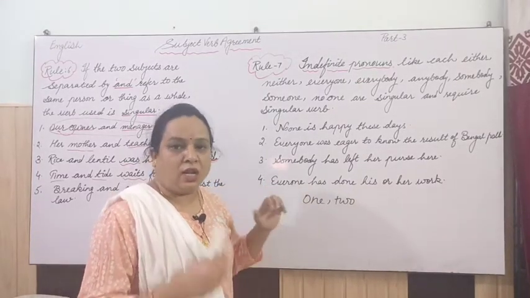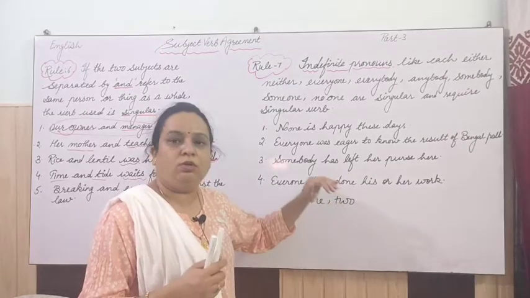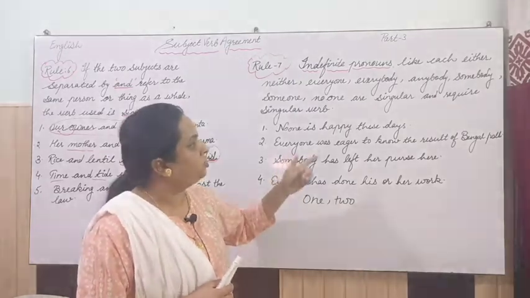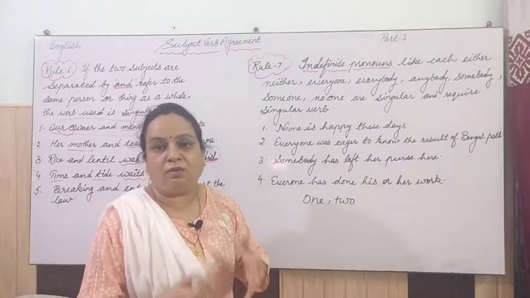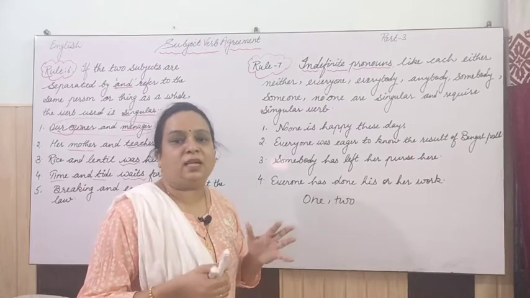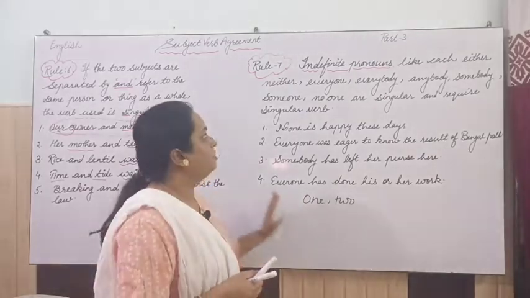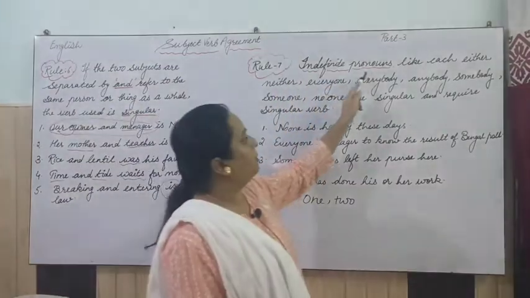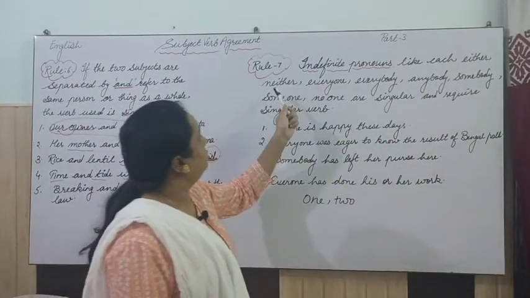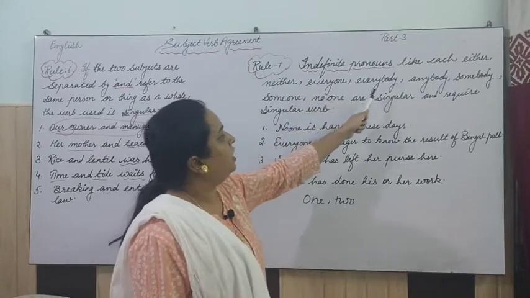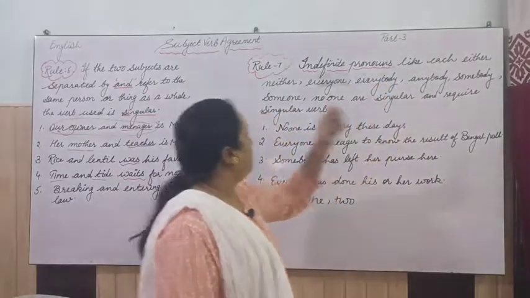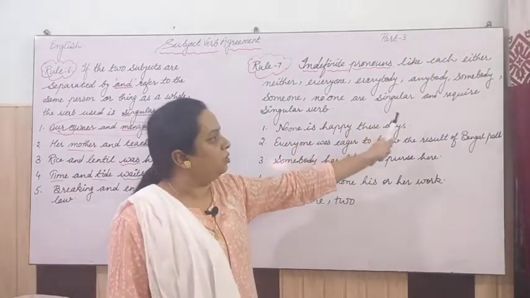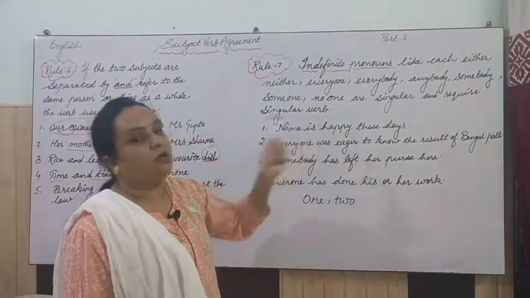So now you have understood 1 or 2, right? That is definite. But if I say everyone, each, either, somebody, someone, no one, these types of words we will see here in rule number 7. Let's have a look at what rule number 7 says. Indefinite pronouns like each, either, neither, everyone, everybody, anybody, somebody, someone, no one are singular and require a singular verb.